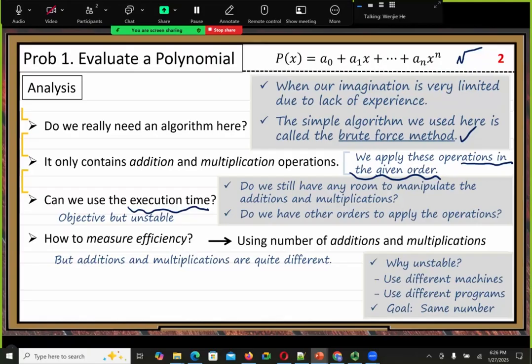When you do addition, you use 1 unit of time. When you do multiplication, you need 10 units of time. That's a huge difference. So when we look at the overall performance, we need to combine these two operations, so we need to factor in this 1-to-10 ratio.